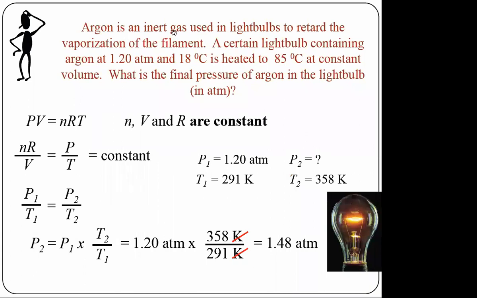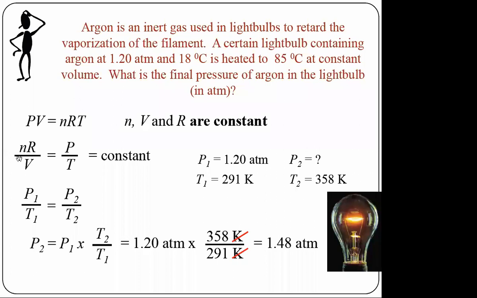This is another question in which you are given double values. You want to find the pressure, but what you are given makes it difficult. You can't use Boyle's law. You can't use Charles' law. So you'll come up with an expression P1 over T1 is equal to P2 over T2.